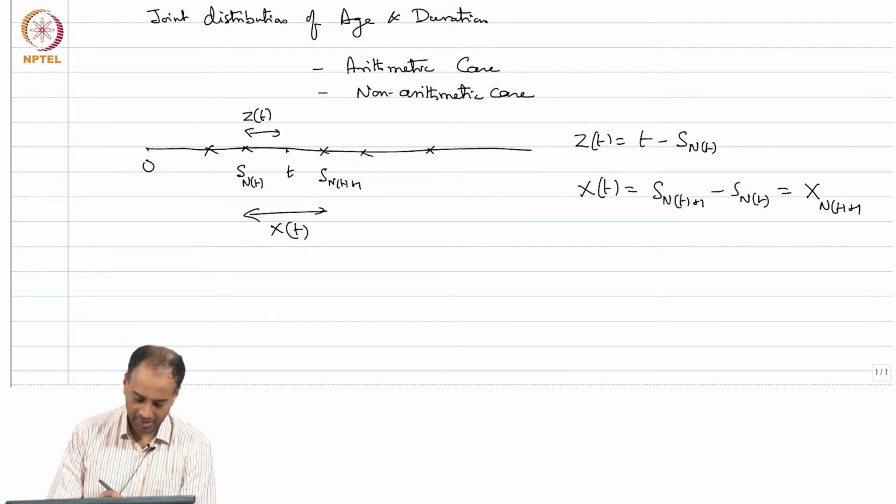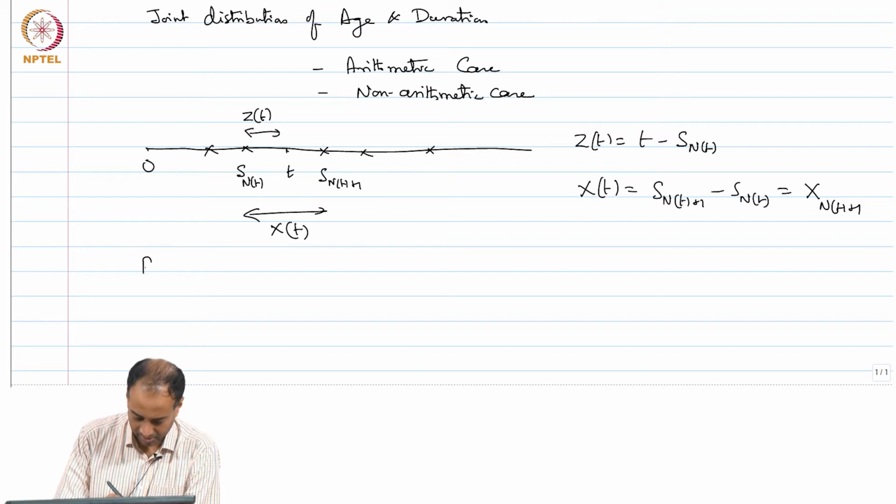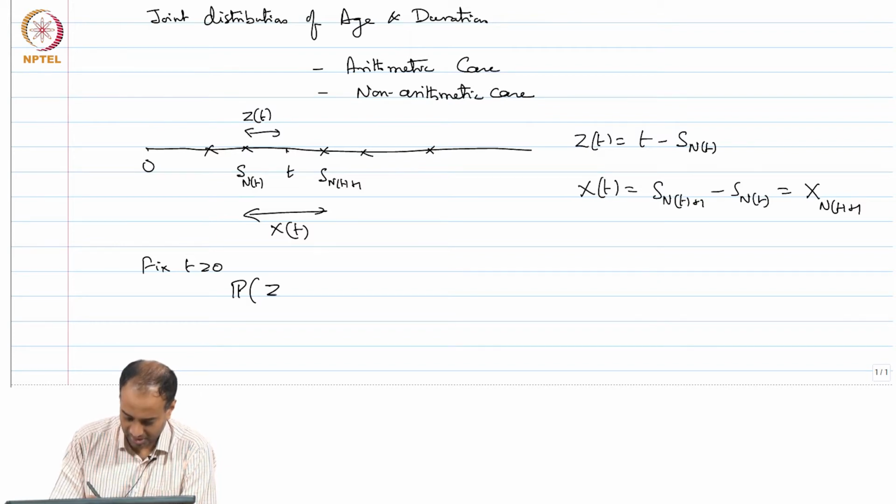Okay. So, for any t you can fix a t and ask what is the probability that Z(t) is less than or equal to z and X(t) is less than or equal to x, right.